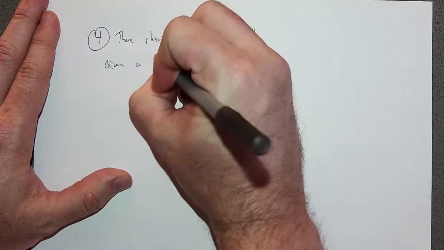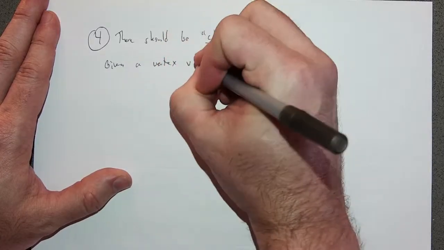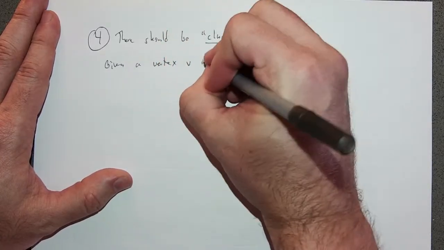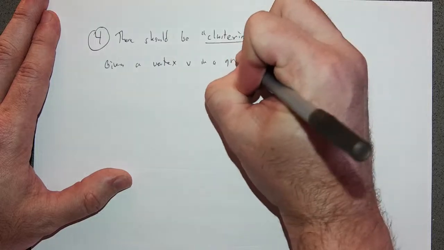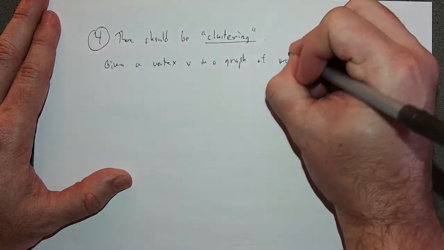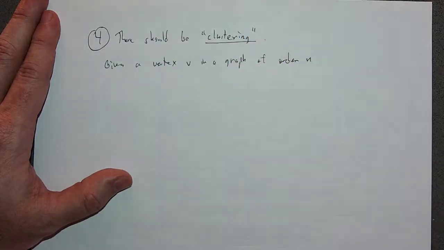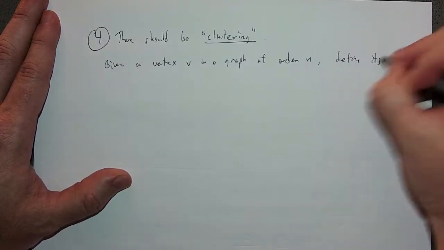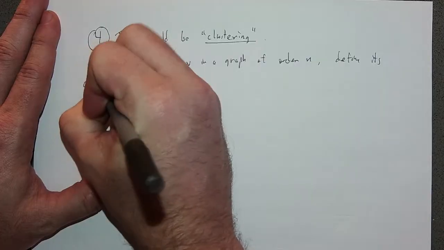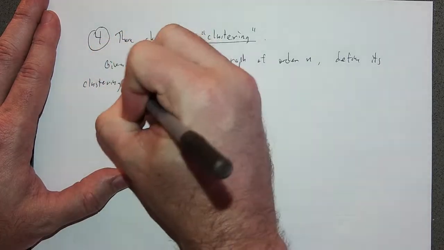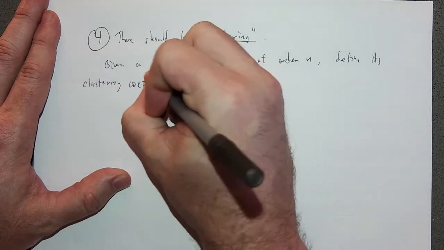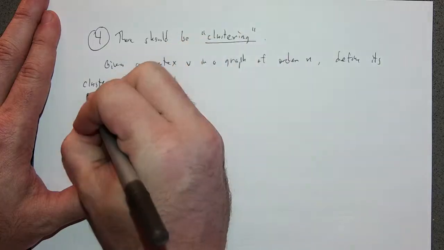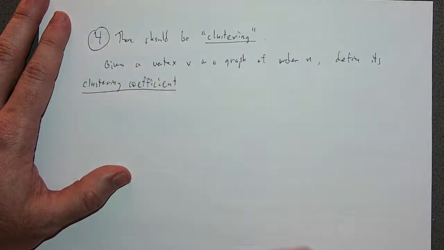Given a vertex V in a graph of order n, define its clustering coefficient.